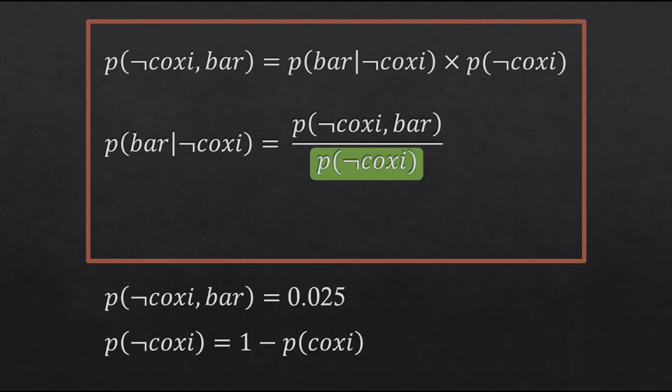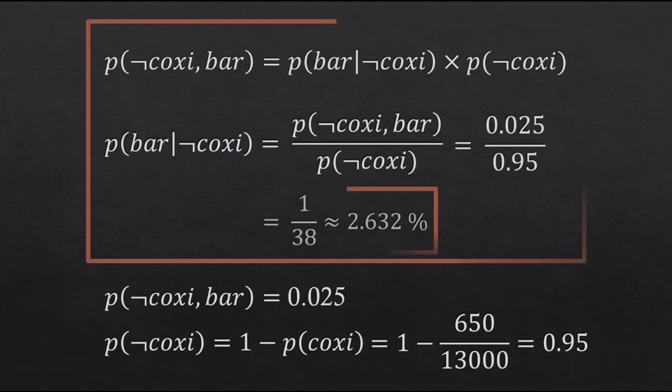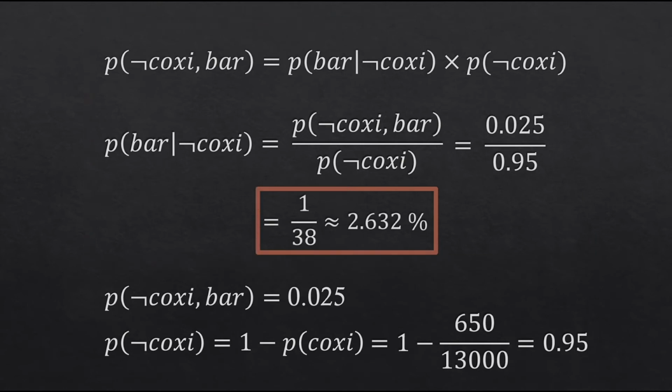To calculate the percentage of non-Coxis, we simply subtract the percentage of Coxis from 1. So we have 1 minus 650 Coxis divided by 13,000 students, and the result is 95%. So at the end we just divide 2.5% by 95% and we get 1/38. So out of the students who do not study cognitive science, around 2.6% frequent the bar.